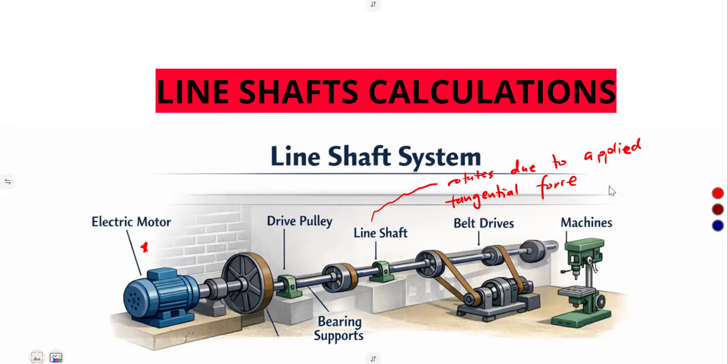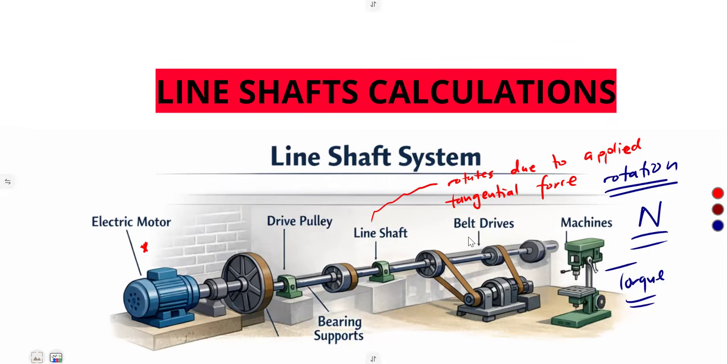So as you can see, we are talking about what? Rotation. There must be speed, revs per minute. There must be torque to be calculated. So these will be the calculations, based on what we are dealing with: the motor, the line shaft, and also the belt drives.